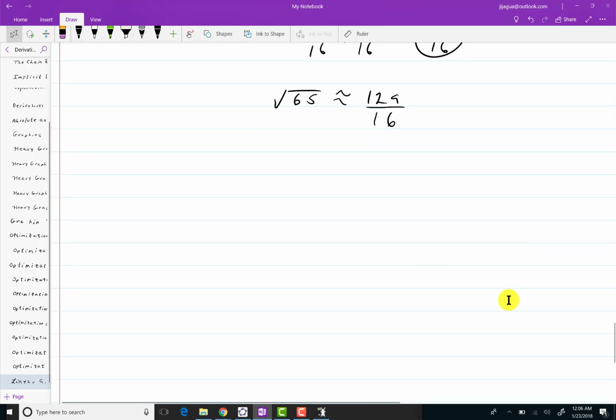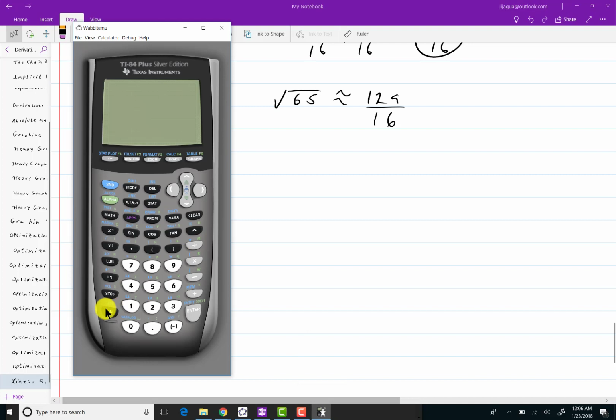Let me go back to the calculator and take a look and see how close that actually is. So I'll go second square root 65, 8.062226, and then 129 divided by 16, 8.0625.